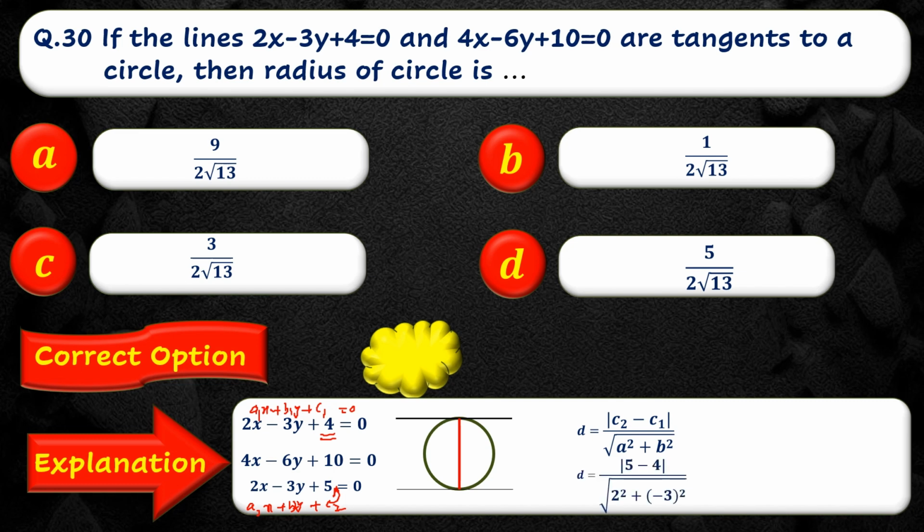Here d will be equal to 5 minus 4, as the value of c2 is 5, value of c1 is 4, a is equal to 2 and b is equal to minus 3, as we can observe from both equations. So the distance will be equal to 1 over square root of 13, but radius is half of the diameter. Therefore required radius will be equal to 1 over 2 into square root of 13. Therefore correct option is option B.